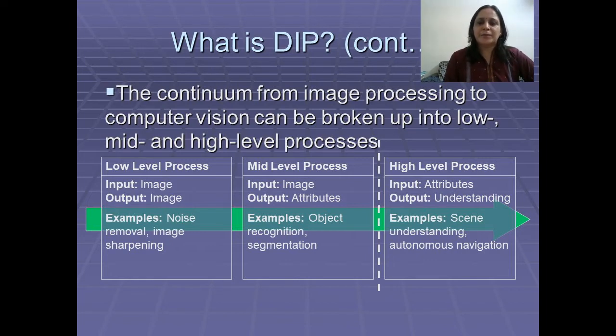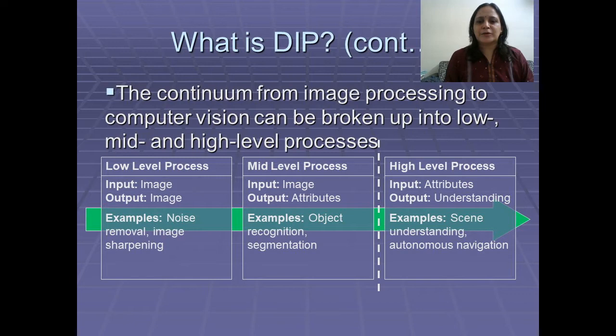The continuum from image processing to computer vision can be broken up into low, mid and high level processes. So we must understand first what these low, mid and high level processes are. In low level processes, the input is an image and the output is also an image. In mid level processing, the input is an image but the output is not the whole image but certain attributes of that image.